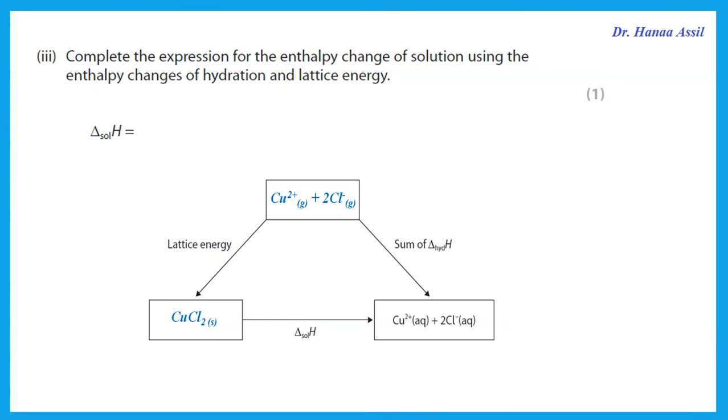So if we have this, we want delta H of solution. Please follow the direction of the arrows. This means that lattice energy plus delta H of solution is equal to the sum of the delta H hydration. And that means delta H solution is the delta H hydration minus the delta H lattice.